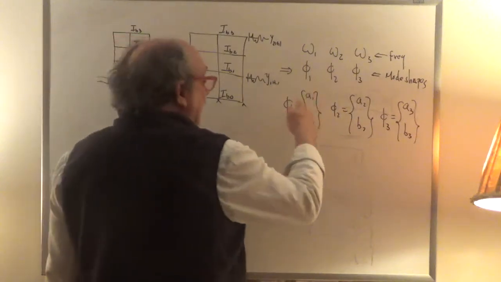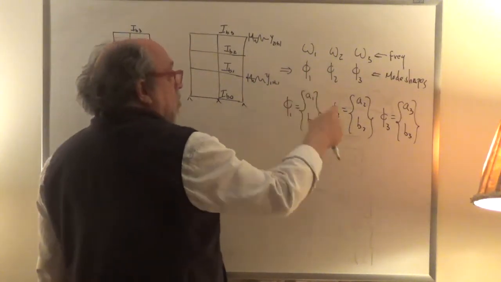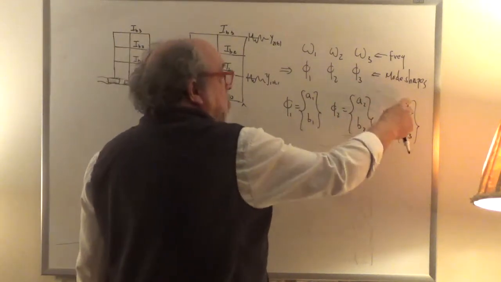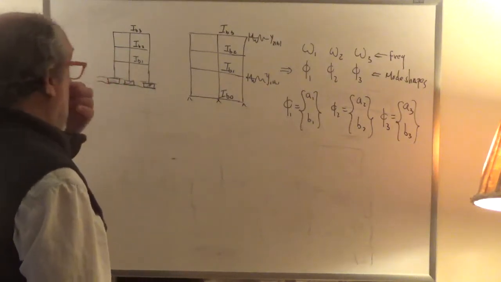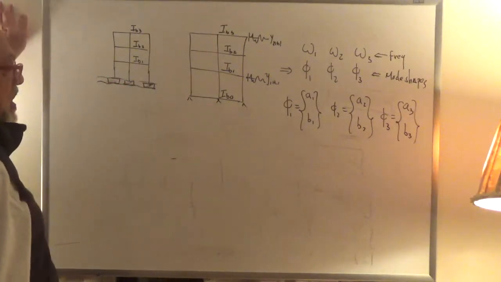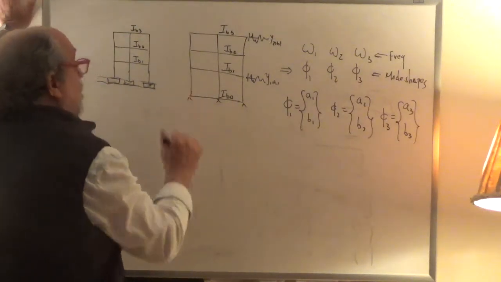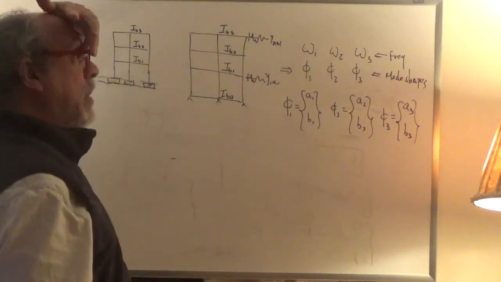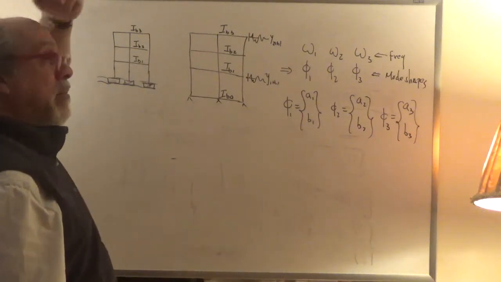Now, if I had normalized so the largest is 1, these vectors would have some value which is a 1. That doesn't really matter. What I'm going to say now is not absolutely necessary. Once you understand, you can see that there are many ways to do this.